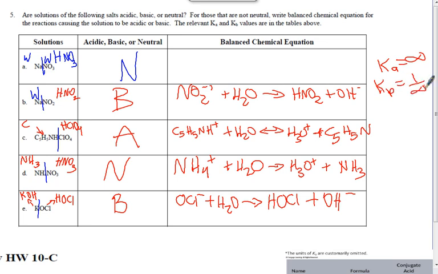Pretty much. 1 times 10 to the minus 14 divided by infinity is still that. However, if your Ka is 10 to the minus 6th, then the Kb is 10 to the minus 8th. And what is water? It's 10 to the minus 7. So they're all right in the same realm, and the pH doesn't change much at all by adding that thing. Right? It's kind of weird.